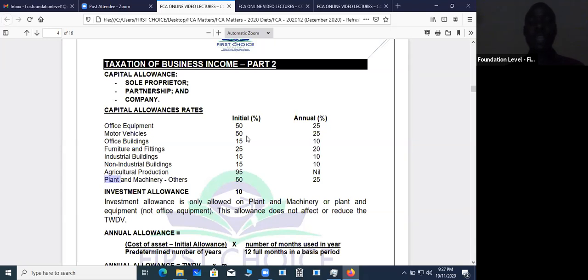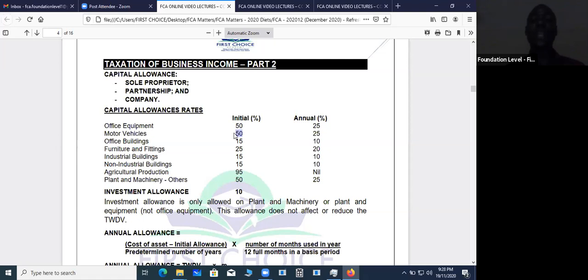And you can see here, motor vehicles, initial allowance is 50%. It means 5 million can be claimed in the year you put the asset into use. That means from whatever assessable profit you have, you remove 5 million out of it for claiming capital allowance. Then the balance can be used to claim other allowances.